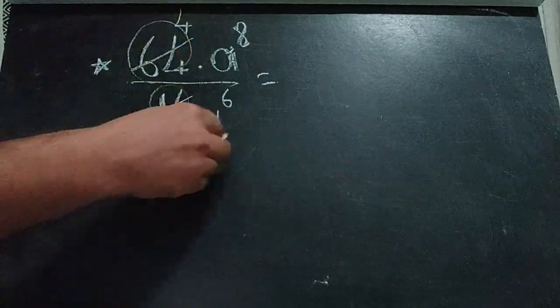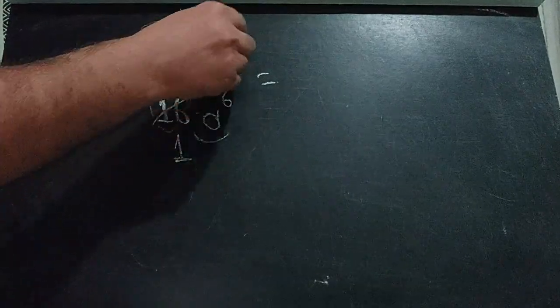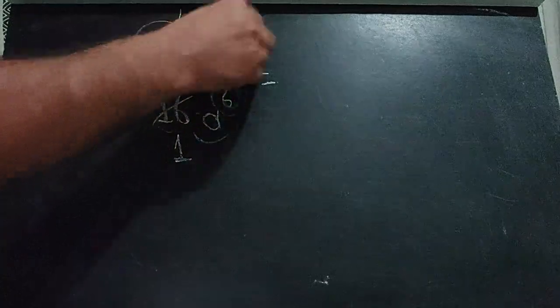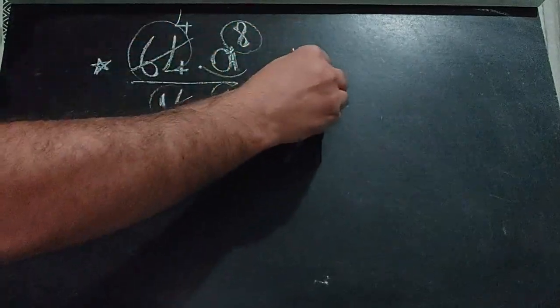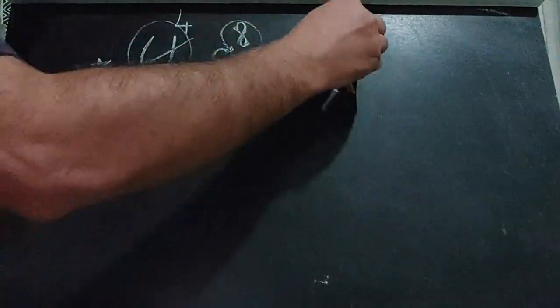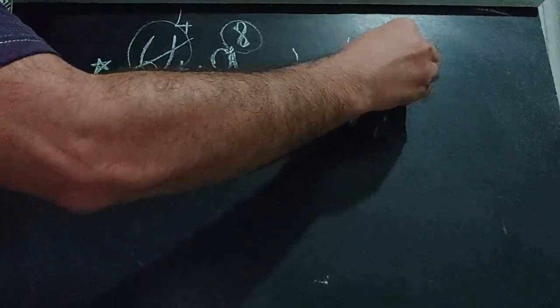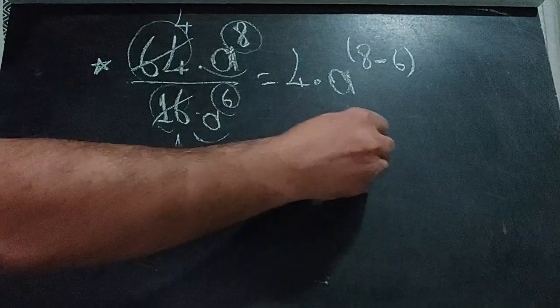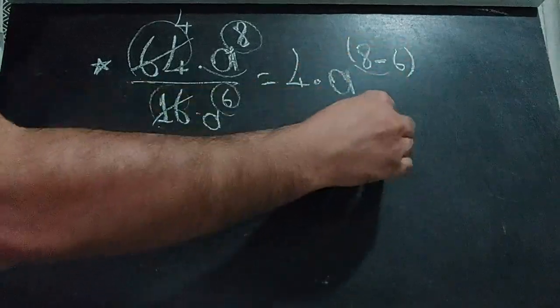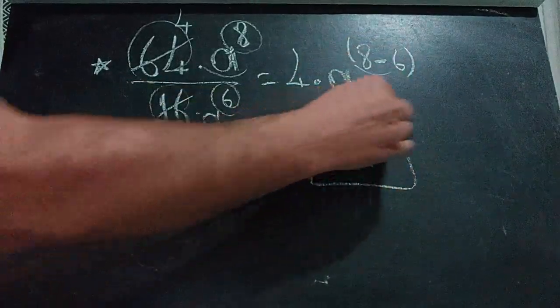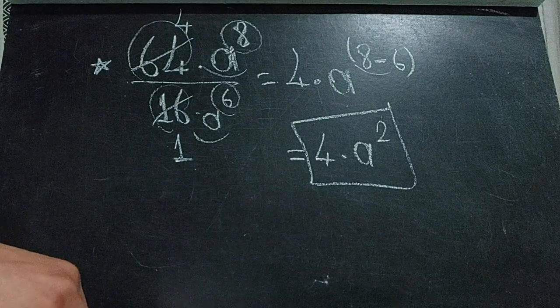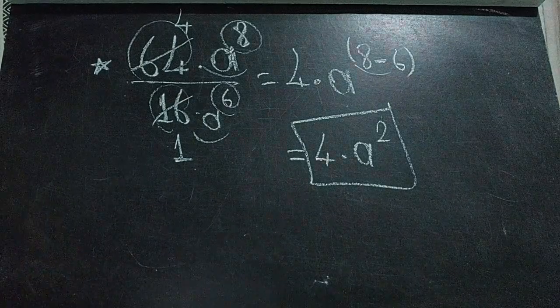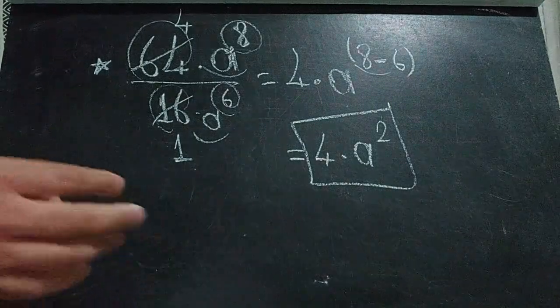Then I see the bases are the same. You subtract powers from each other. That will be 4 times a power 8 minus 6. From there, I get 4 times a power 2. That will be your answer. 4 times a square, or 4 times a power 2.